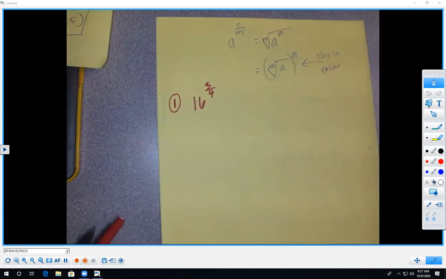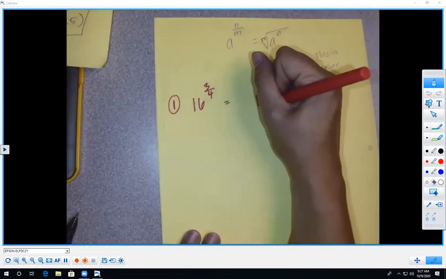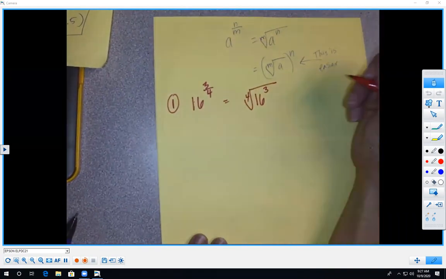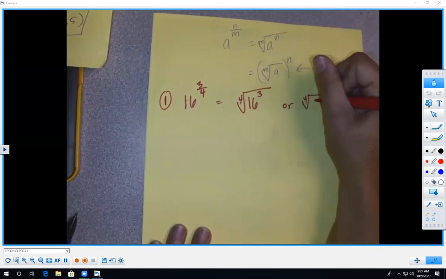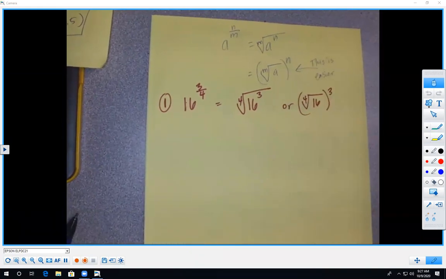Okay, so again, the two ways you could write this, you could write this as 16 to the third power and then take the fourth root. Or you could write it as the fourth root of 16 and then raise everything to the third power. It doesn't matter how you write it.